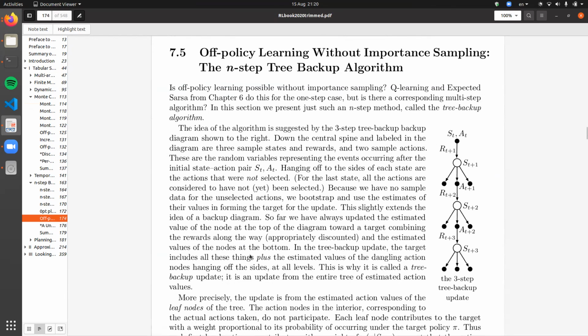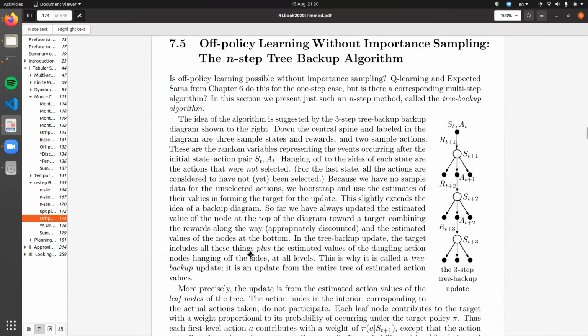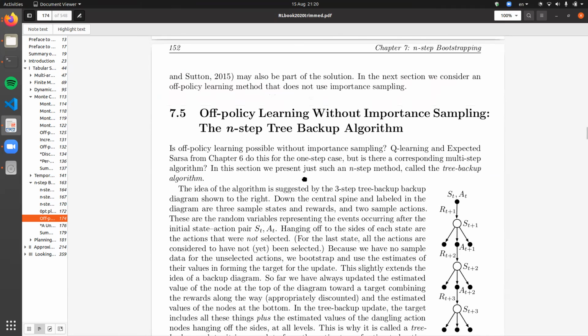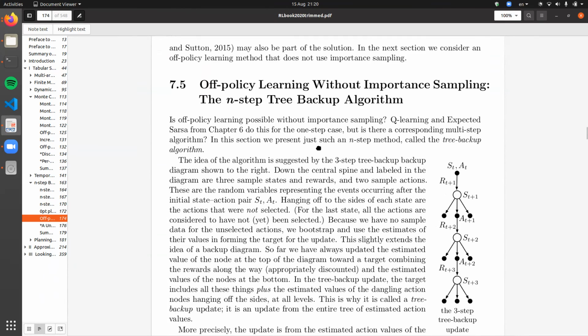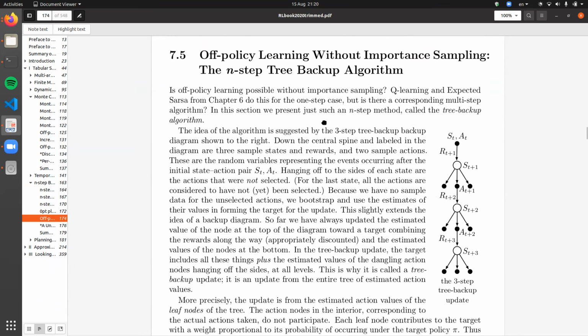Okay, but let's move on to the next topic. Importance sampling introduces some kind of noise to our learning, right?